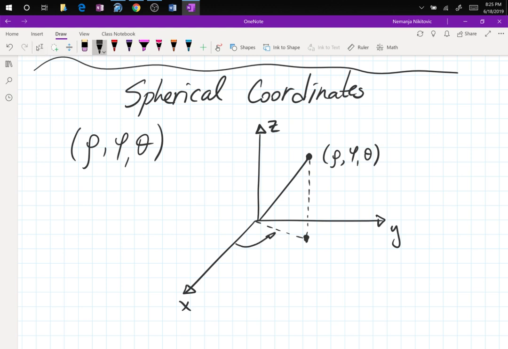So the angle with the x-axis is the angle theta. The angle with the z-axis is going to be phi, and the length of the arm is rho, which is the radius. We used to use r before, so now for the first time it's rho.